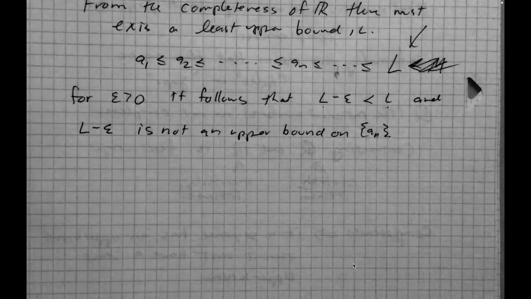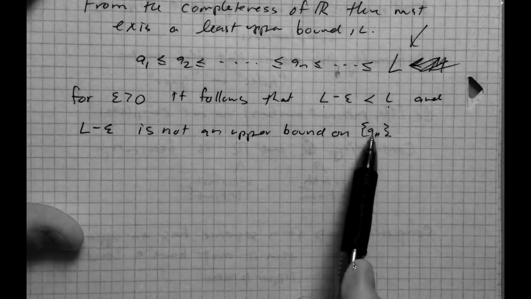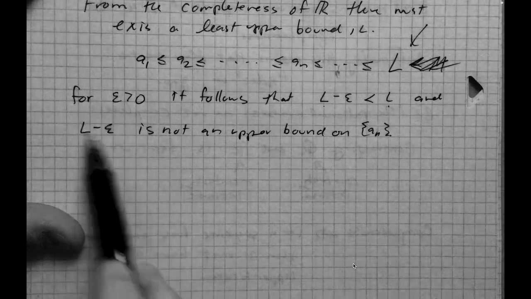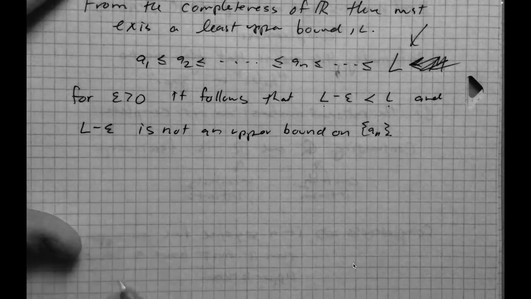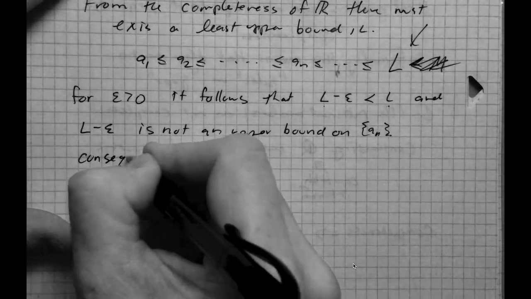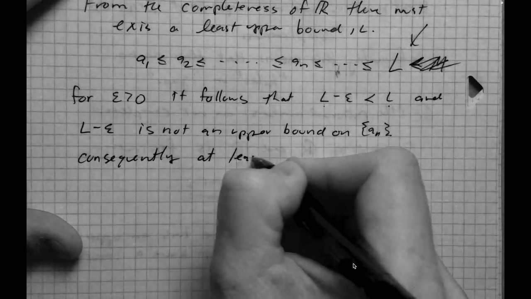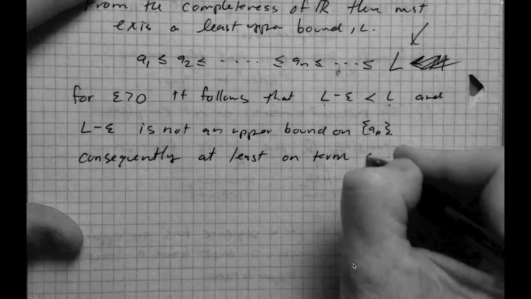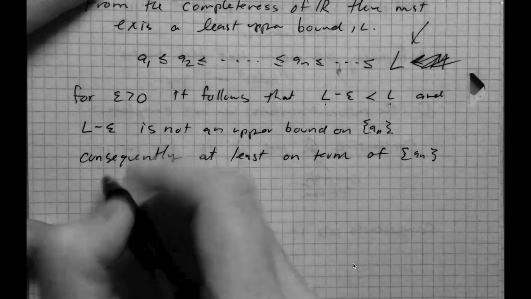Now, what does that mean, that it's not an upper bound on the sequence? Well, what it means is that there's going to be some terms in the sequence that are actually greater than this. And so consequently, we'll say at least one term of A_n is greater than L minus epsilon.